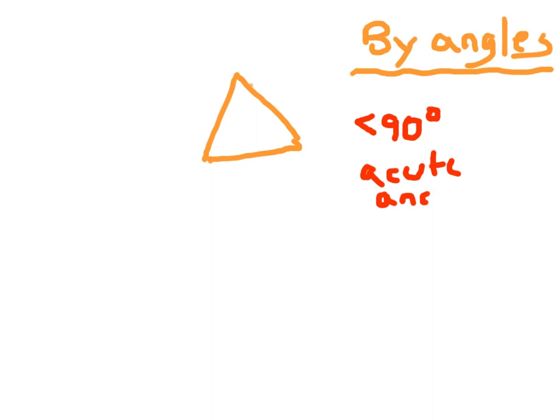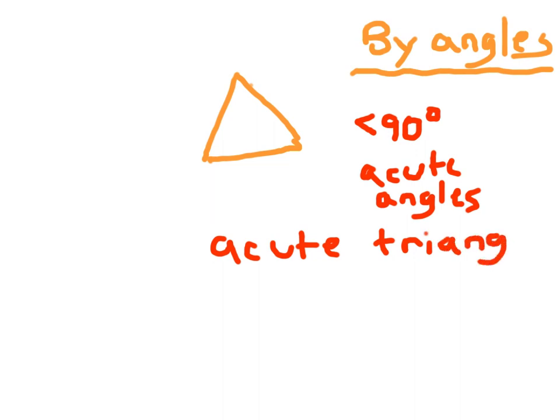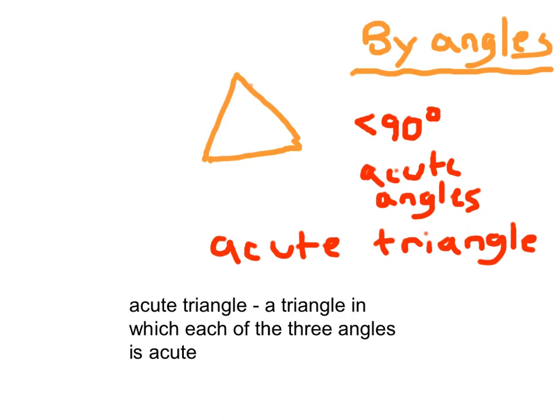And since this triangle has three angles that are all acute, this is called an acute triangle. Here's a more precise definition: an acute triangle is a triangle in which each of the three angles is acute.